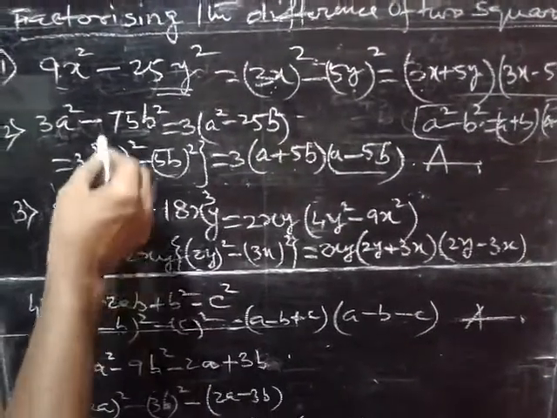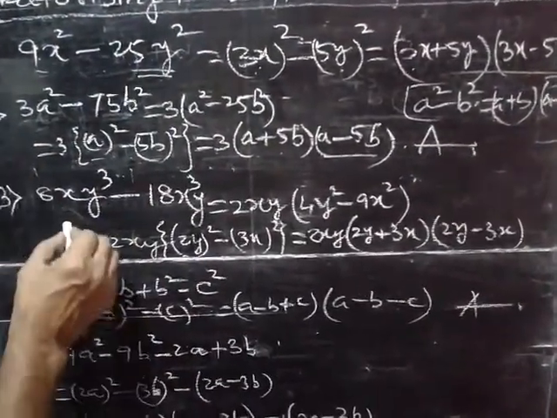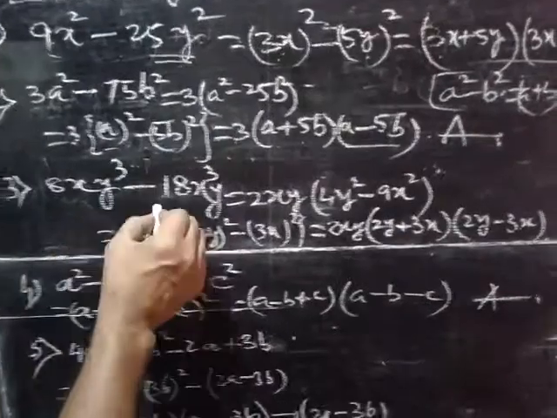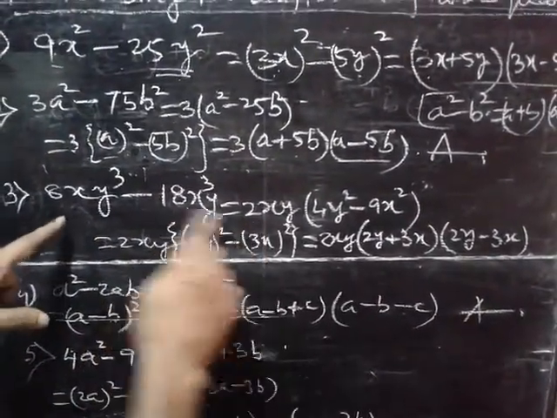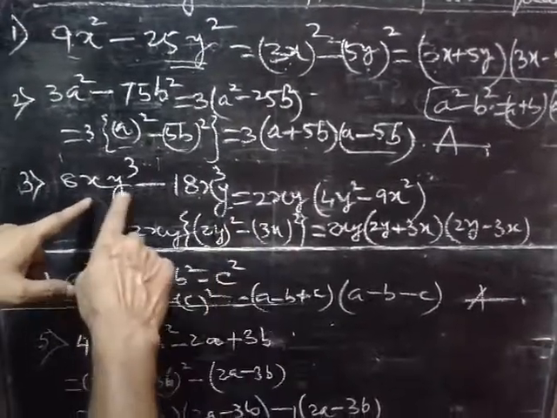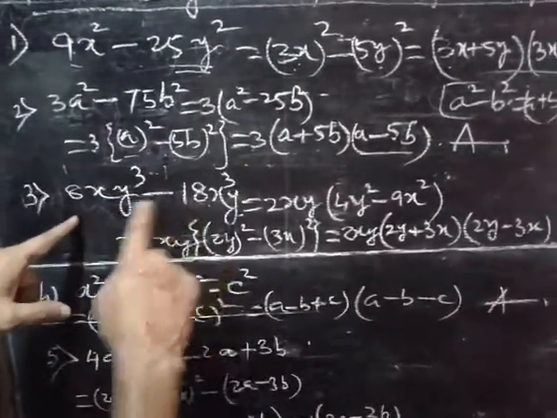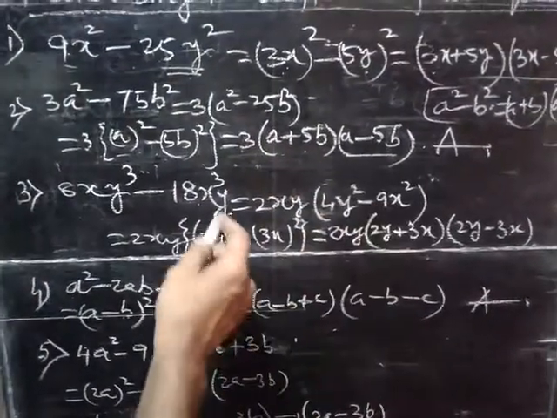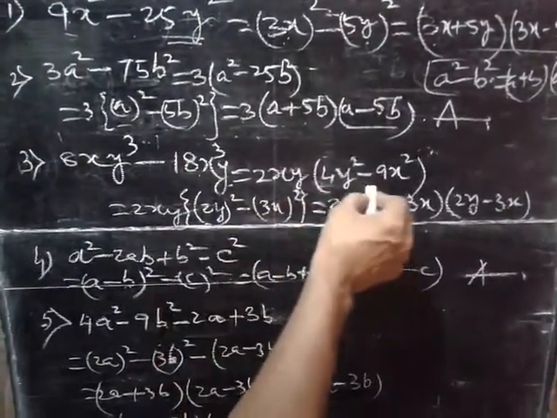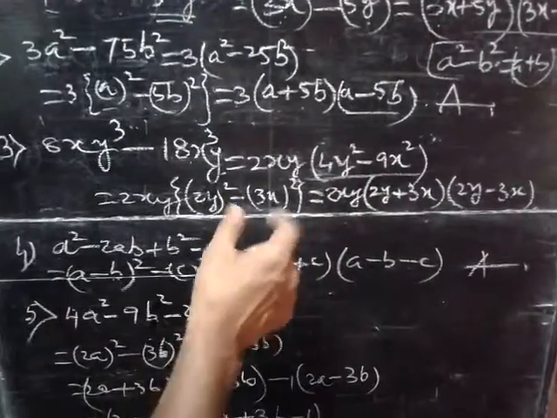Next one is similar to the second one also: 8xy cube minus 18x cube y. Here the common part is 2xy. If you get any common part, take it common first and then do the rest. It will be better, smaller and more precise.